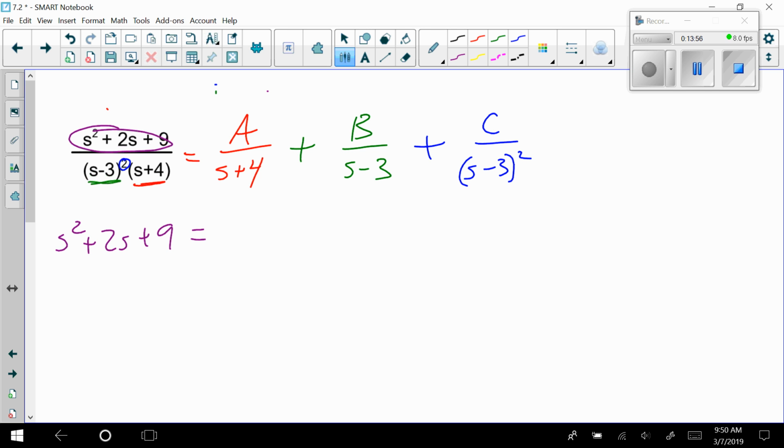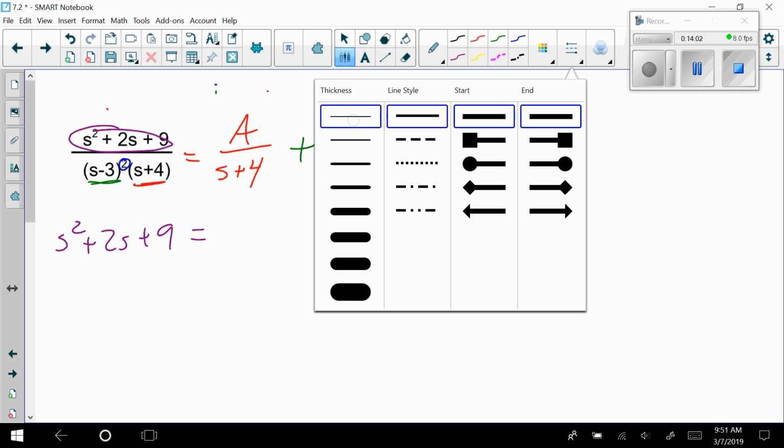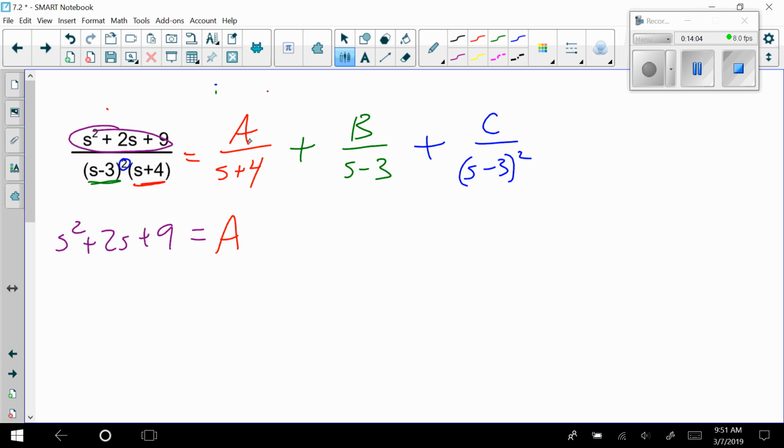Now the problem with the tops though is, if I were going to take this whole thing here and put it back over here together, I would have to get a common denominator between all of these. What would this term A here be missing? Well, A would be missing s minus 3 squared. It would be missing both those.